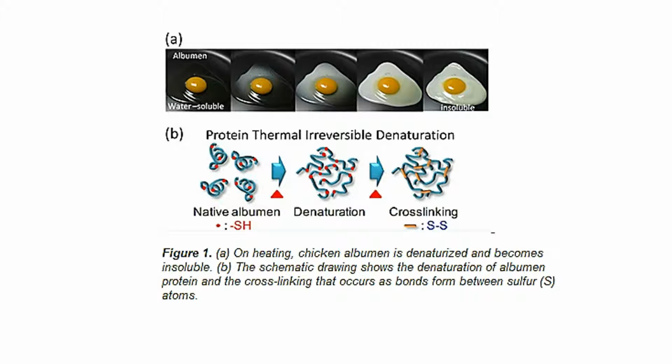So you now have cross-linking, which causes it to solidify and become rubbery and harden. So an egg that's cooking is an example of the process of protein denaturation. This egg white is never going to go back to its natural state. It is irreversibly denatured.